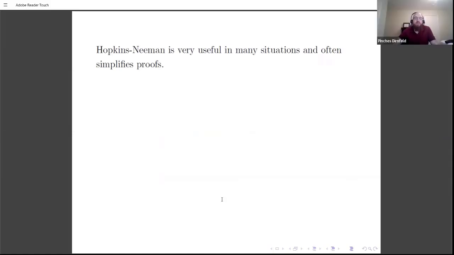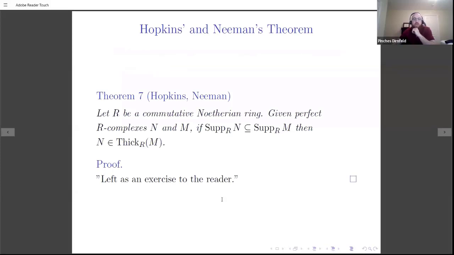Hopkins and Neeman is very useful in many situations, and very often simplifies proofs. And do you know when this was proven? I don't remember off the top of my head. I do know that Hopkins' original proof had some problem, which was fixed by Neeman. So there was a few years' difference, but I don't remember when it was proven.